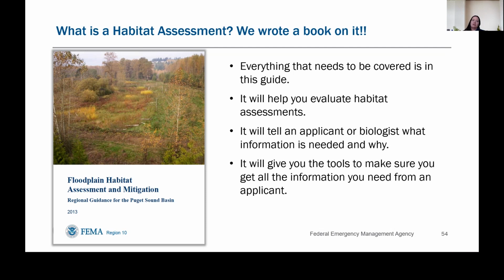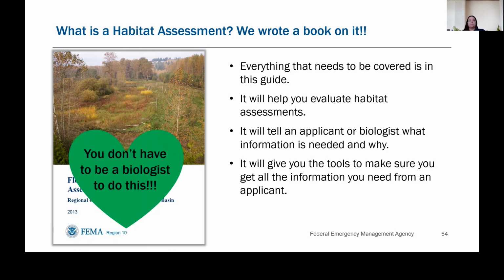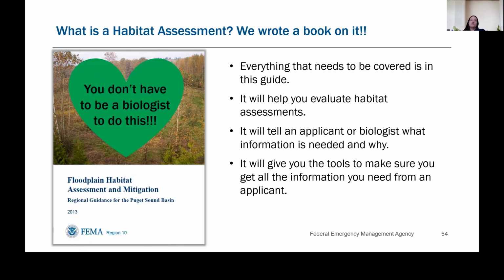It will give you the vocabulary. It will line out what you need to be worried about so that you can then be clear when you're trying to let an applicant know what's missing and what information is still required. And really, my central thesis in this whole module is that you don't have to be a biologist to do this. You shouldn't have to be a biologist to understand a habitat assessment. They should be presented in common sense language.